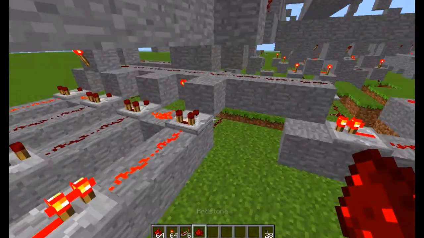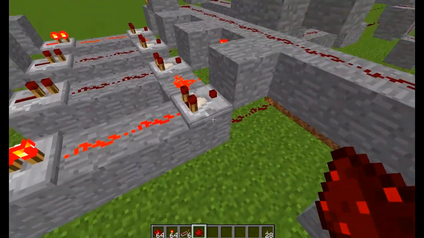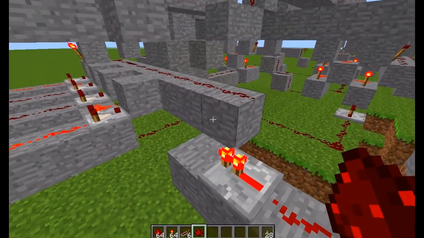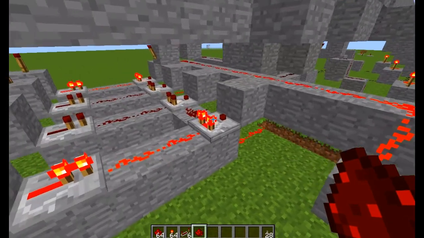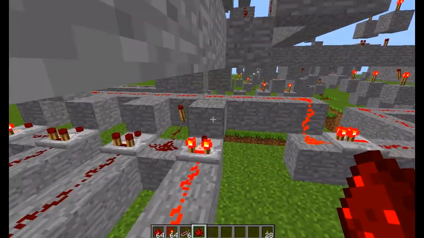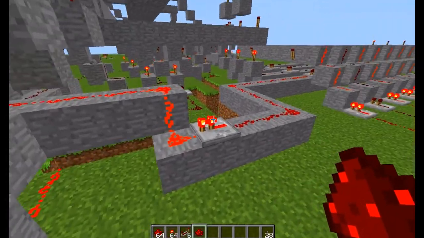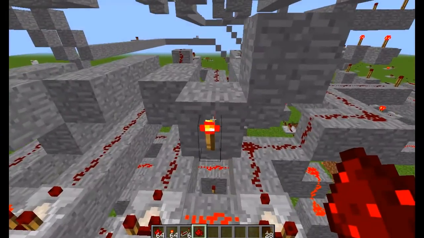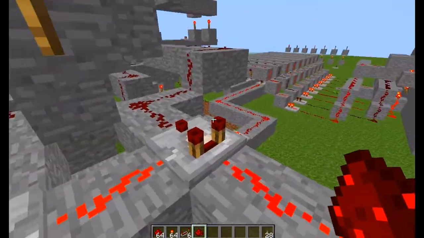So an implies gate is basically something that just allows signals to go through it, except when another output coming into it is on. So as you can see right here, what I did was I'm running all these, and if any of these signals are off, this torch is going to turn on, not allowing these comparators to send the signal.